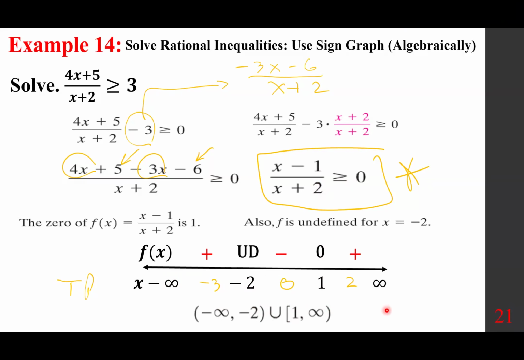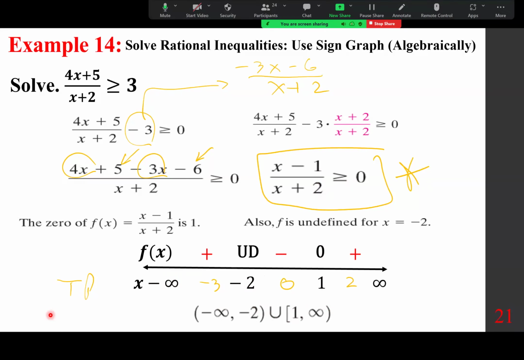Just for the sake of argument, if we had, everybody, instead of this, if we had x minus 1 times x plus 2 greater than or equal to 0, we would use the same thing. And the answer for that would be minus infinity to minus 2. Now, because it's greater than or equal, we bracket.